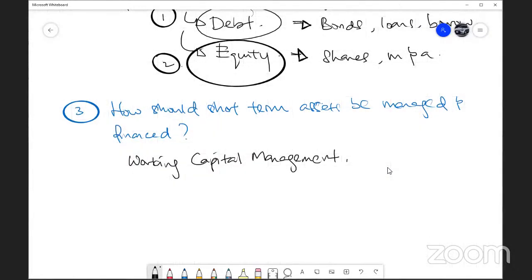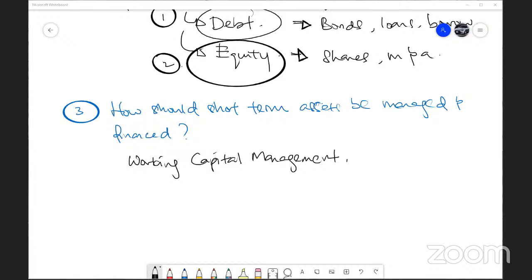Okay, so what is working capital management? Basically, it is the control of your day-to-day finances: your cash, your inventory, your credit sales, your short-term financing, etc. This is to sustain the daily operation of a company. These three things are what a financial manager will always keep in mind regarding an organization.